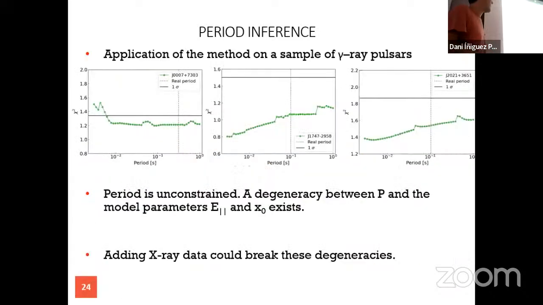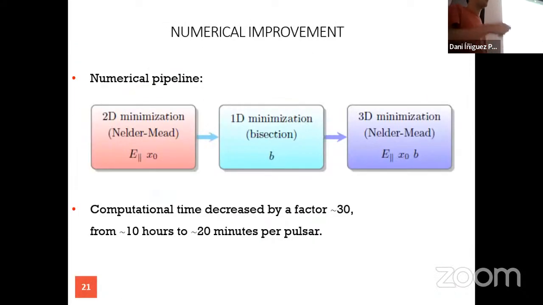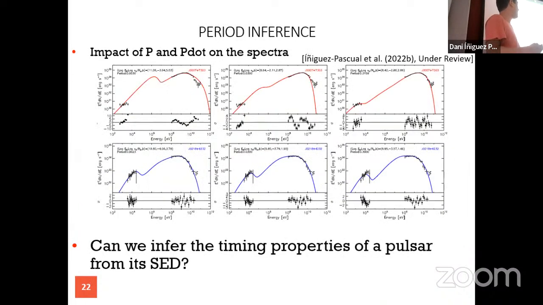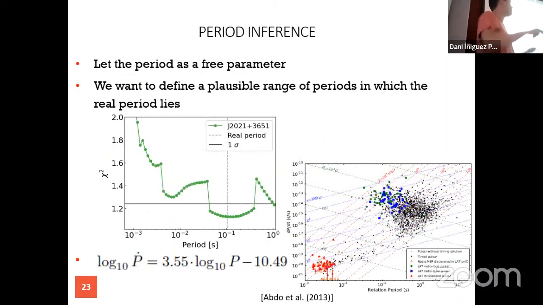So with only the parameters alpha 0 and b, the chi-square function is quite smooth. There is a clear value, but when adding the period, this smoothness disappears in some regions, so these abrupt changes happen.